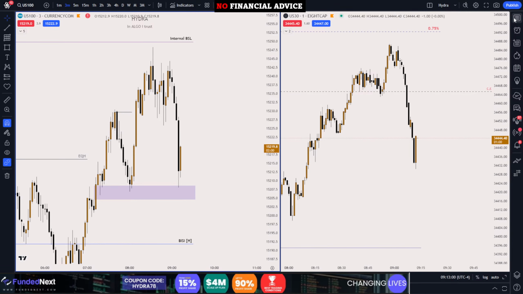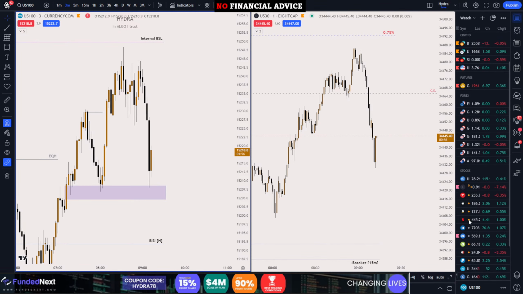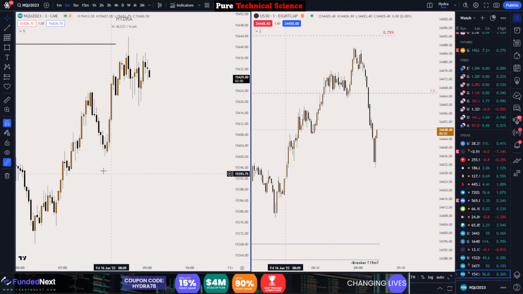Yeah, on the futures chart, the E-mini chart, price cleared out the relative equal highs here. It's a delayed chart, so price is right now somewhere here.